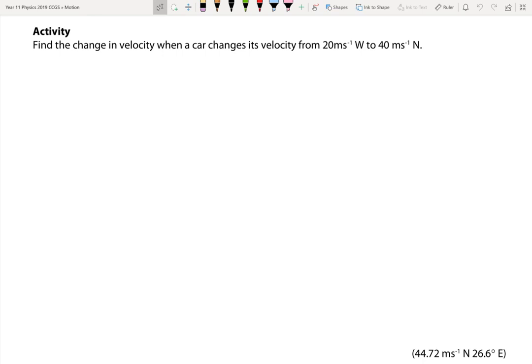So obviously, guys, this is a graphical method. You draw a diagram. It will always help you to figure out the answer.